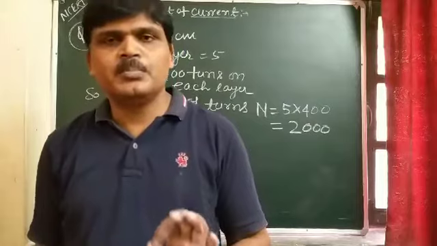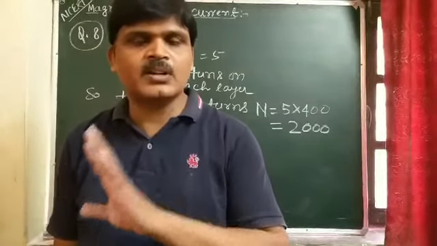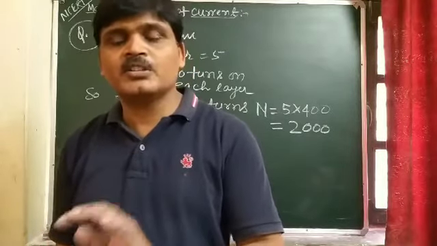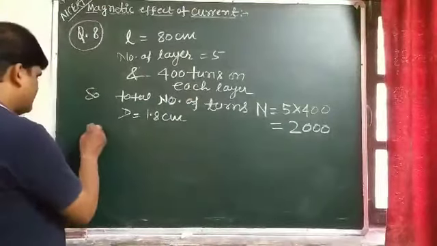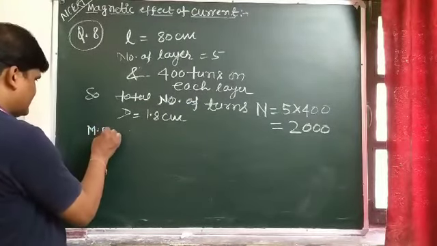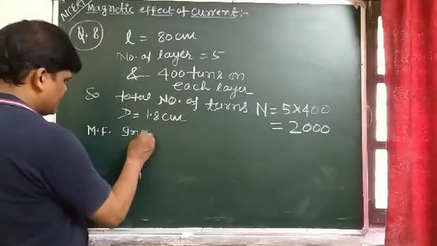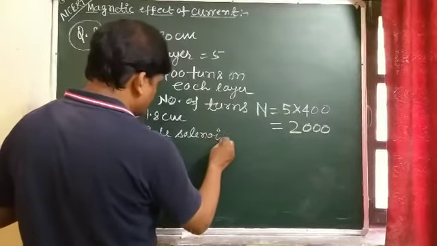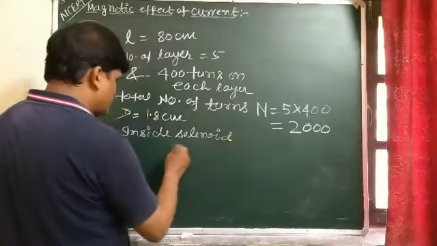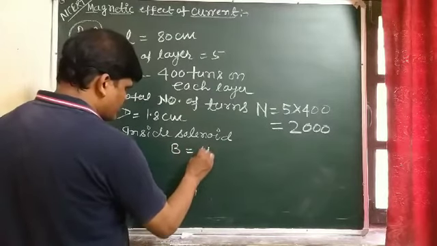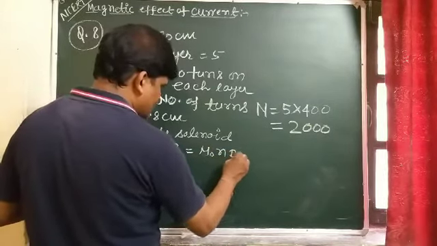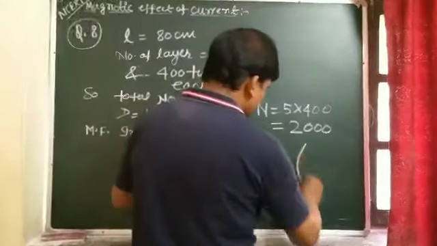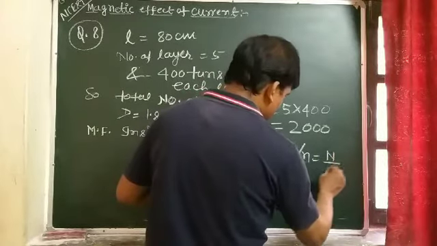Its formula is B equals mu naught n I, where n is small n, the number of turns per unit length of the solenoid.